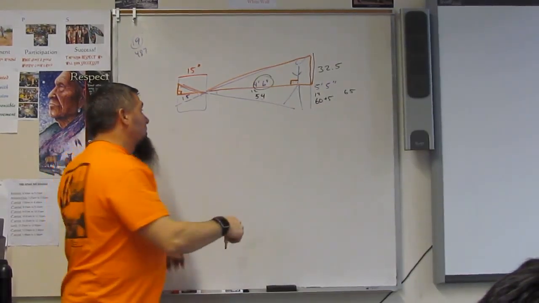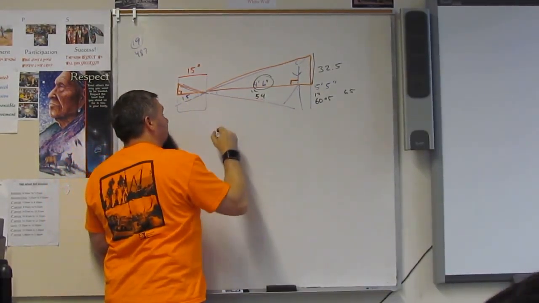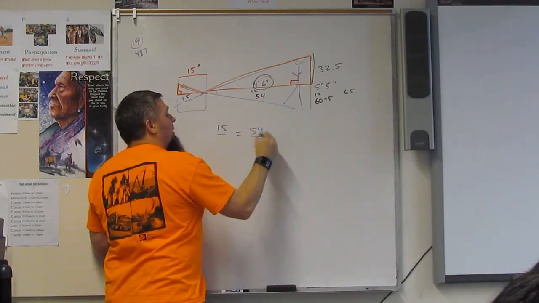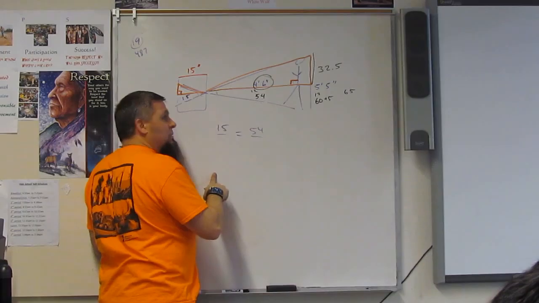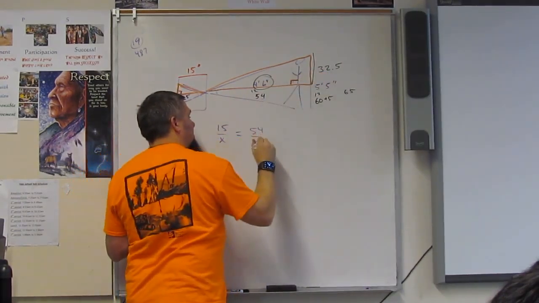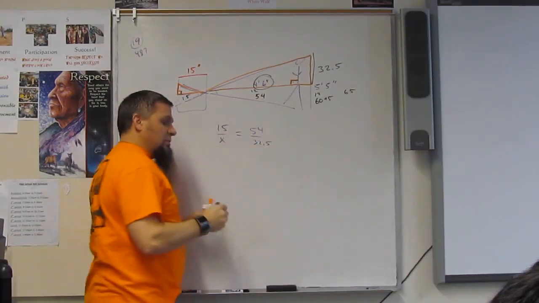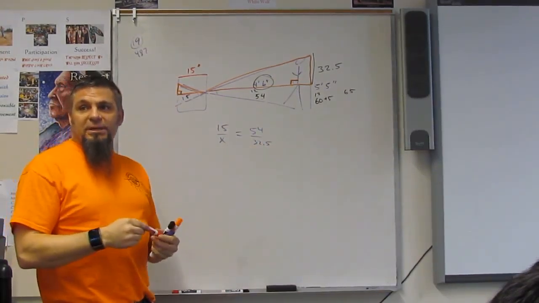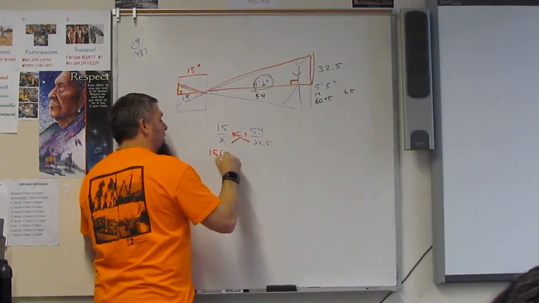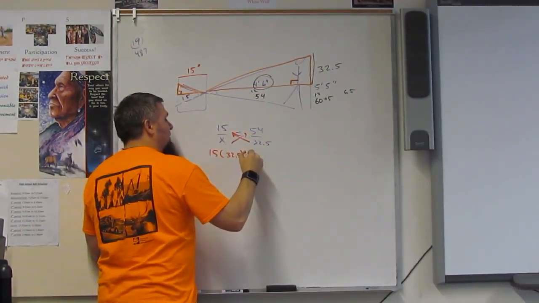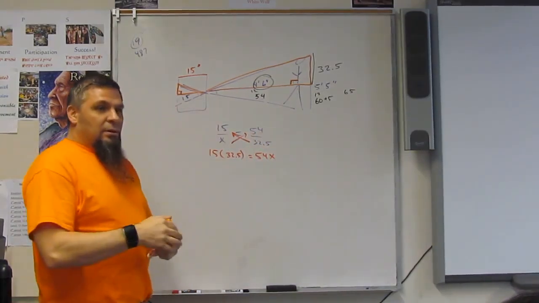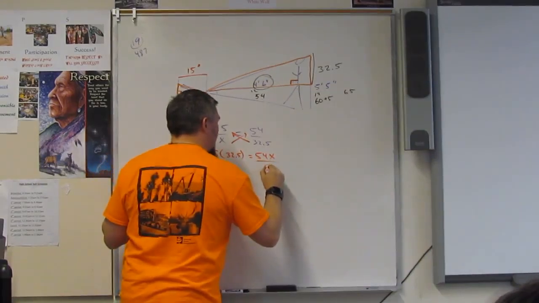It's really easy. 15 is to 54 as this, which I have no idea, is to that, 32.5. And then cross multiply. 15 times 32.5 equals 54x. Then divide by 54.